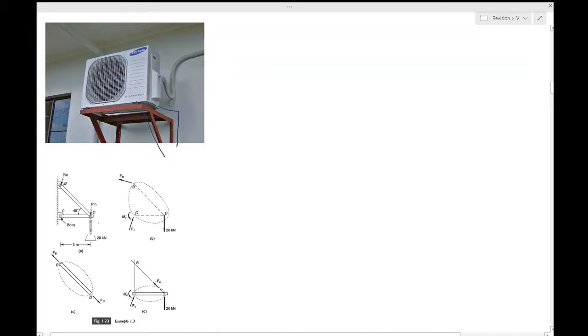You are asked to predict the forces acting on the wall at B and C when the chain hoist is supporting its rated capacity of 20 kilonewtons. The rod BD is pinned at its end. So B and D, it is given in the question, there is a pin joint over here.